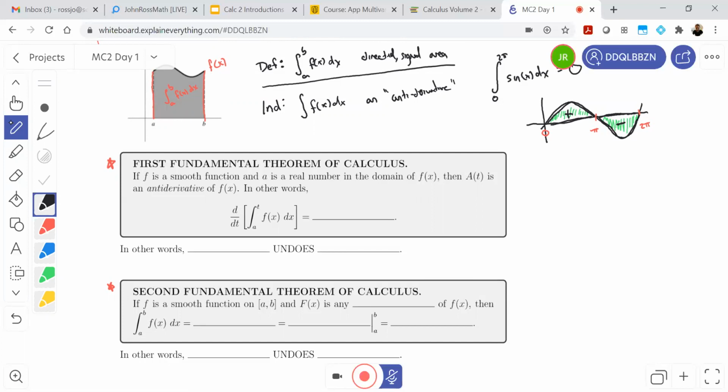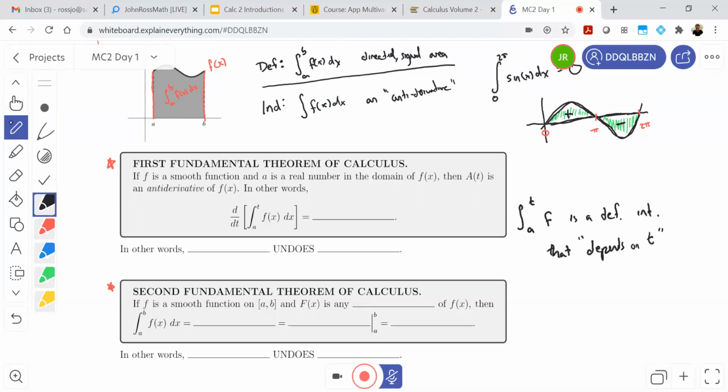If we take a definite integral of our function, we can say the definite integral from a to t of f of x dx. This is a definite integral. It's a definite integral that depends on t, in the sense that if I plug in a different number t, I get out a different definite integral with a different number.